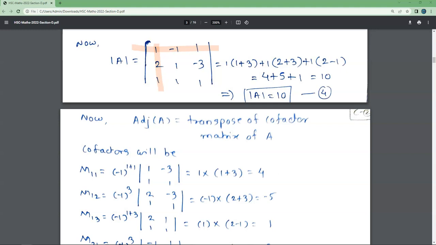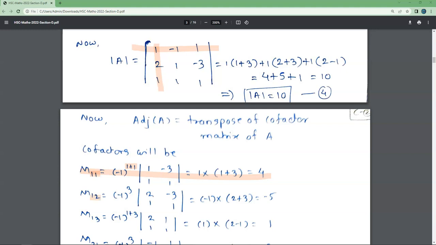So minus 1 raised to 1 plus 1, that is this 1 and 1. And then 1 minus 3, 1 1. So minus 1 raised to 2 is what? 1. And then 1 into 1 and 1 into minus 3, and then already minus there has to be, right? 1 plus 3, that will be 4. So the first cofactor is what? 4.